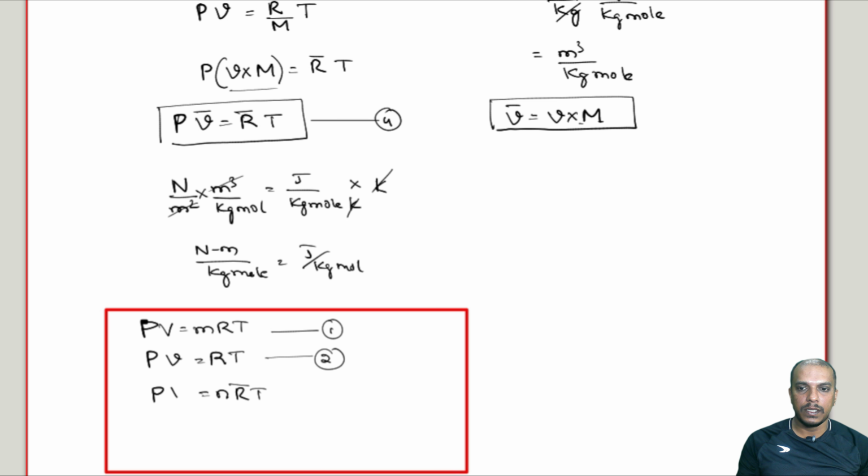Then PV is equal to N R bar T, and at last we derived P V bar is equal to R bar T. So we have written the same ideal gas equation in 4 different forms. In the next class, we will try to cover a few problems on these equations. Thank you.